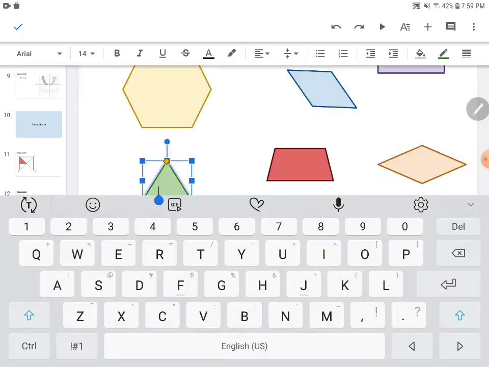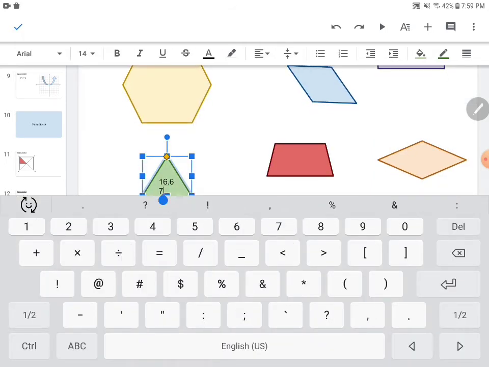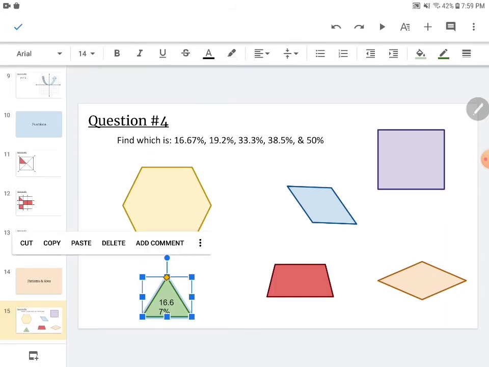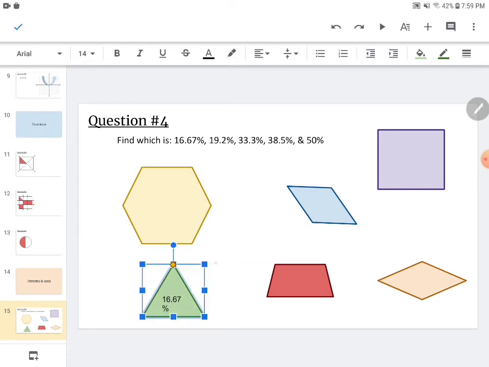We're going to put 16.67%. And we're good. Slight technical difficulties.